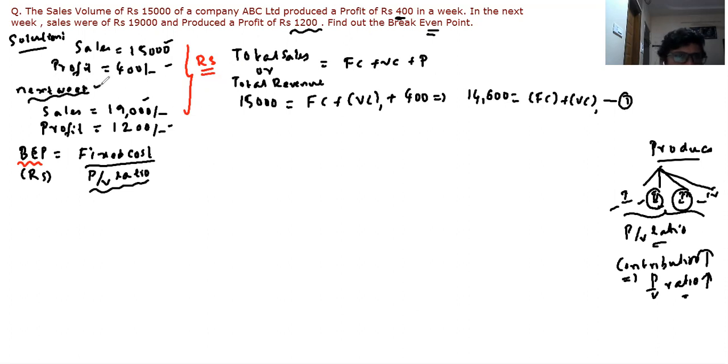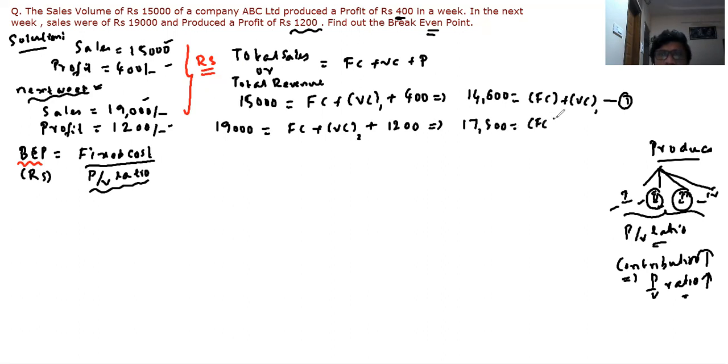Similarly, in the next week, the total revenue is 19,000. It equals fixed cost plus, let us suppose, variable cost in that week VC2, plus profit in that week of 1200. So this implies 17,800 equals fixed cost plus variable cost VC2.